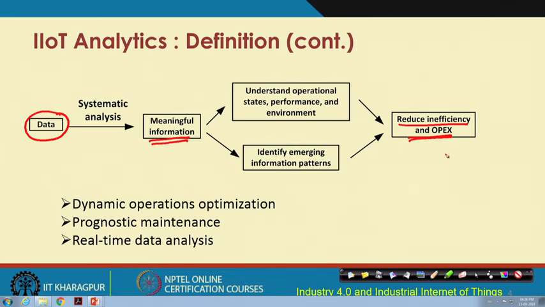So, the overall idea is we need analytics for reducing inefficiencies of all sorts, overall inefficiency of the product, the process that is being used to manufacture the product, and the operational efficiency and the reduction of the expenses.